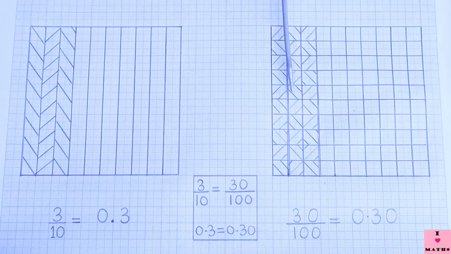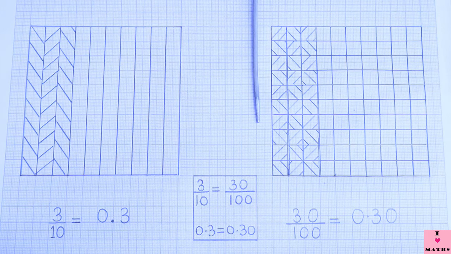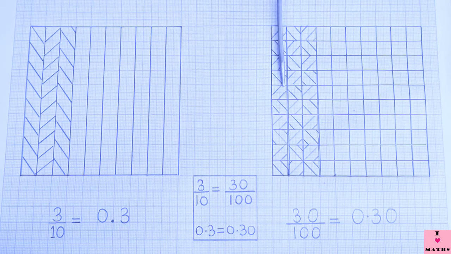Now look at this square. This square has been divided into 100 equal parts. Let us see: 1 to 10, 1 to 10. 10 tens are 100. And out of 100 equal parts, you can see 30 parts have been shaded: 10, 20 and 30.